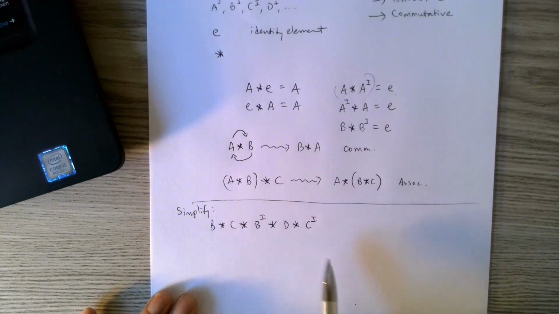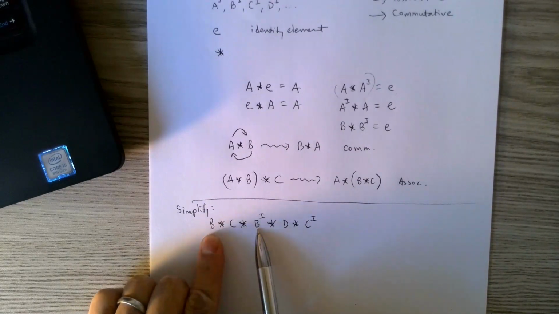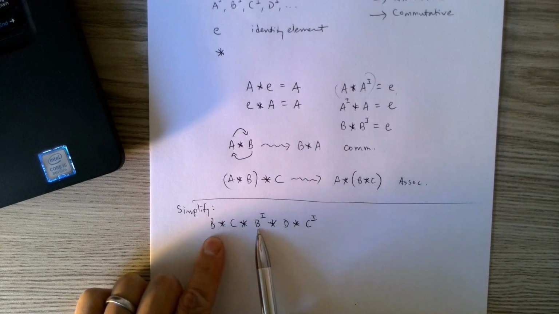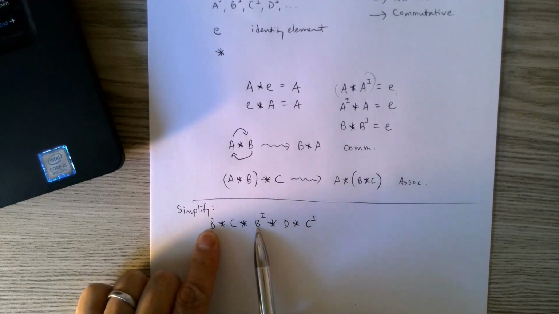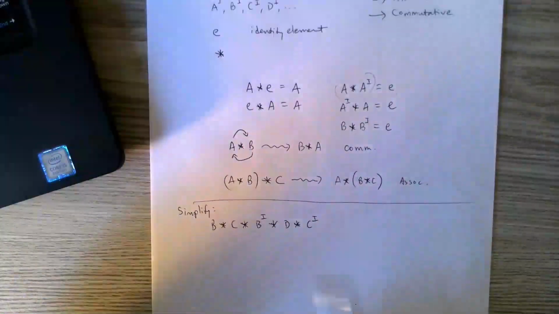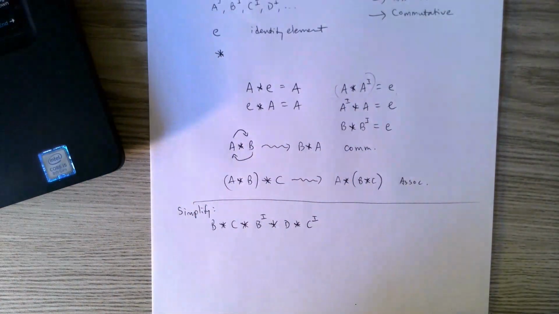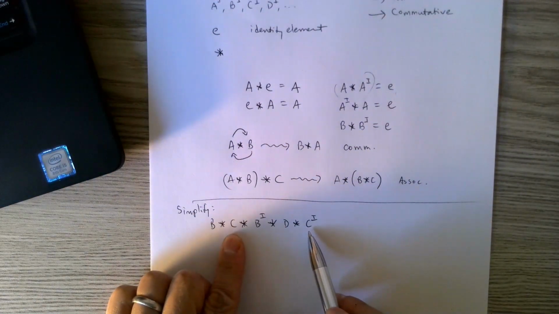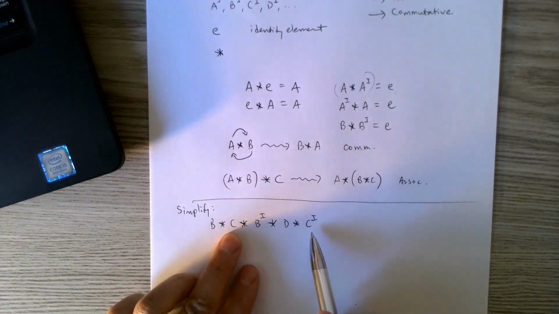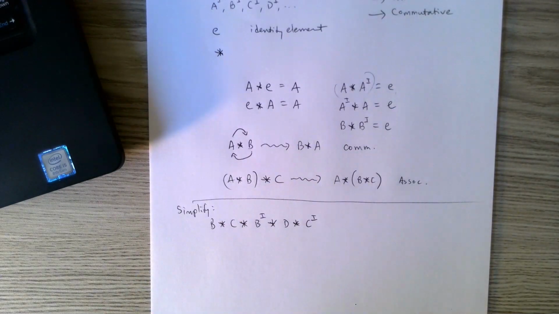So just looking at the big picture, I see a pair of inverses here, B and B inverse. And I see a pair of inverses here, C and C inverse. And I know that if B interacts with its inverse, that it will create the identity element. So I would like to do that because that will shorten the expression. And I also know that C starred with its inverse will also create the identity element. So I want those two to interact with each other as well.